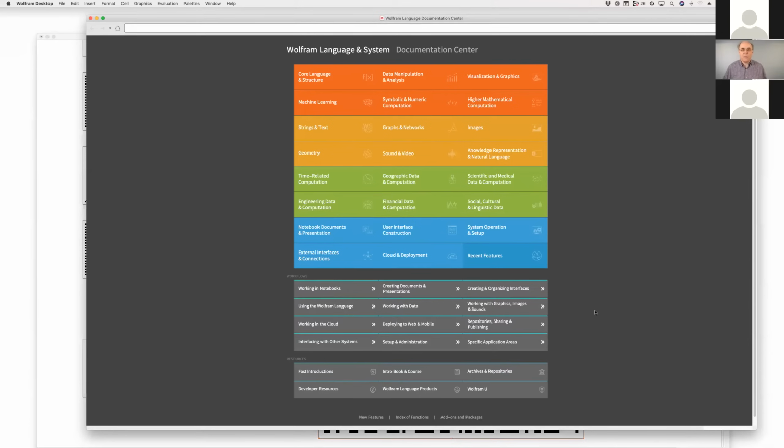I view our activity as analogous to the activity that happened maybe 400 years ago when people invented notation for mathematics. Before 400 years ago or so, if you wanted to describe mathematics, you mostly did it in words. Then things like plus signs and equal signs were invented, and that made for a huge streamlining in being able to explain things mathematically.